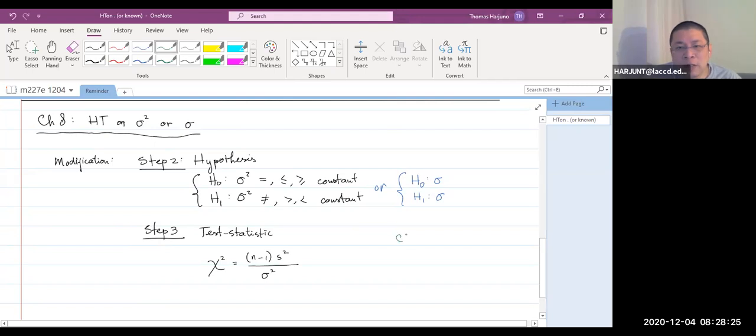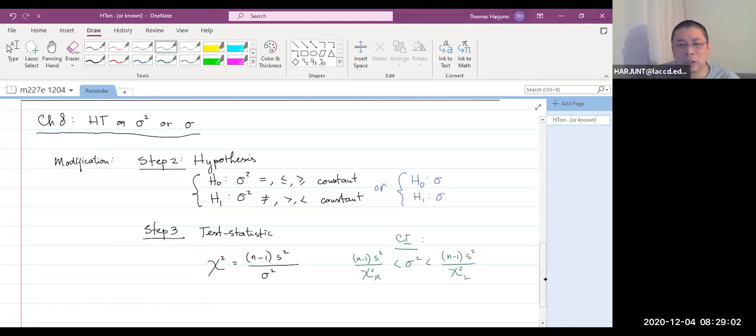Now, in the confidence interval case, the lower bound and upper bound were this one. Sigma squared is between degree of freedom times sample variance over chi-squared right, and n-1 times sample variance over chi-squared left.